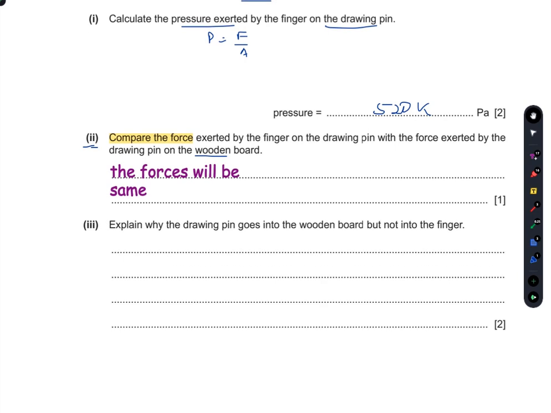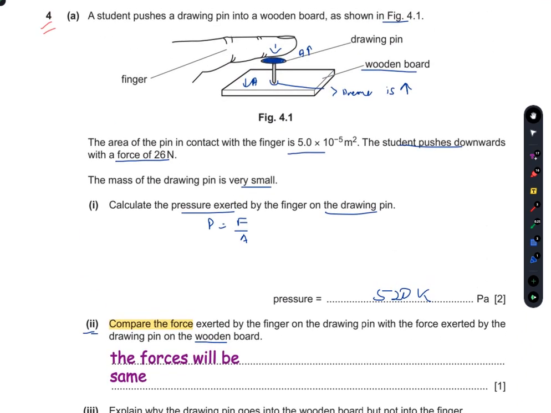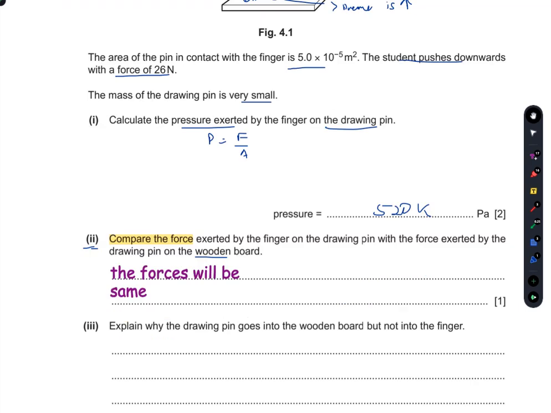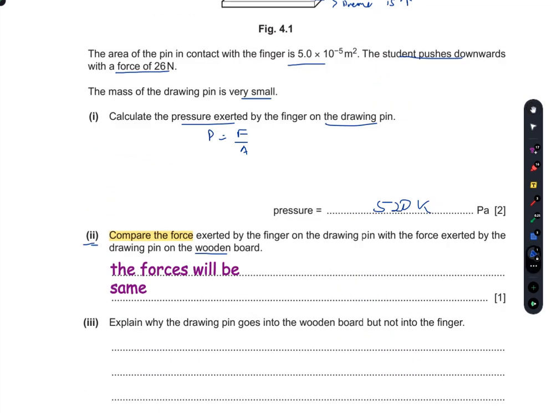Question number 3: explain why the drawing pin goes into the wooden board but not into the finger. Now what is the reason here?